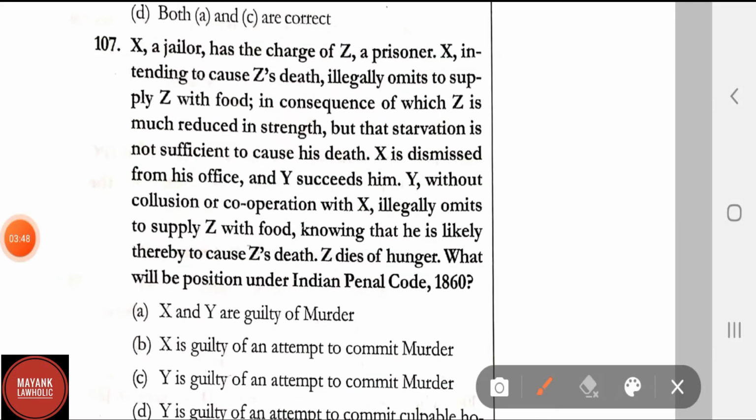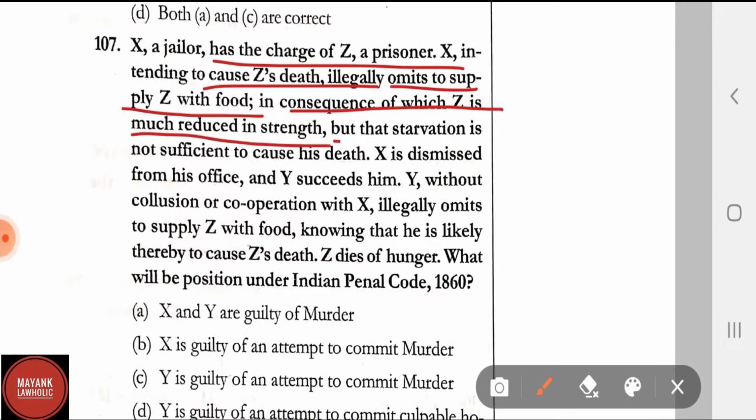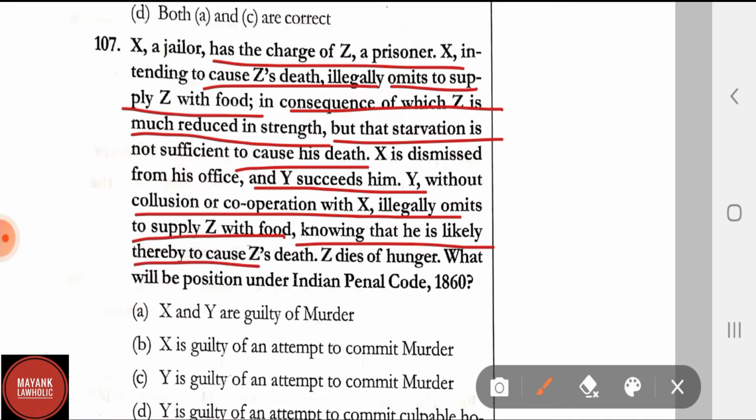Question number 107. X, a jailer, has a charge of Z, a prisoner. X, intending to cause Z's death, illegally omits to supply Z with food, in consequence of which Z is much reduced in strength, but that starvation is not sufficient to cause his death. X is dismissed from his office and Y succeeds him. Y, without collusion or cooperation with X, illegally omits to supply Z with food, knowing that he is likely thereby to cause Z's death.